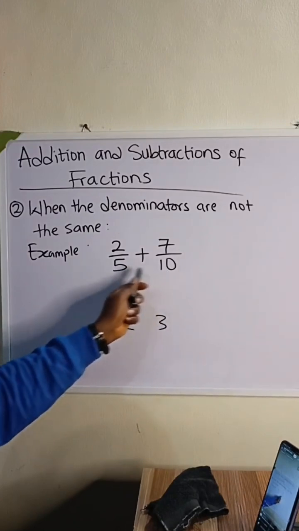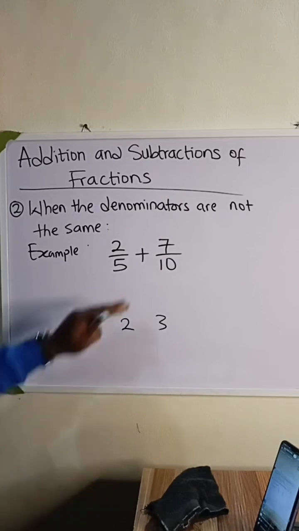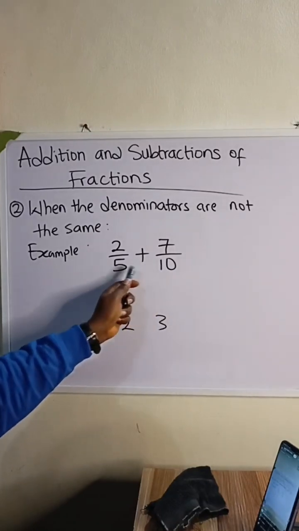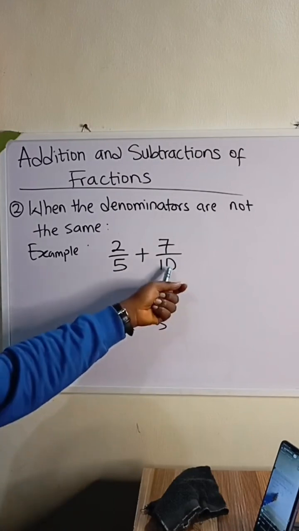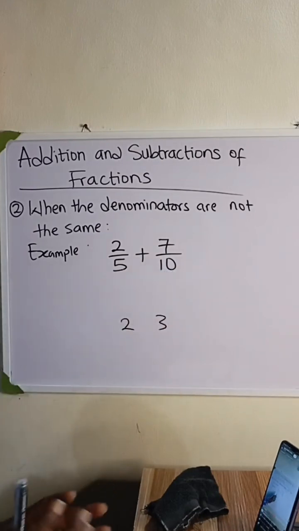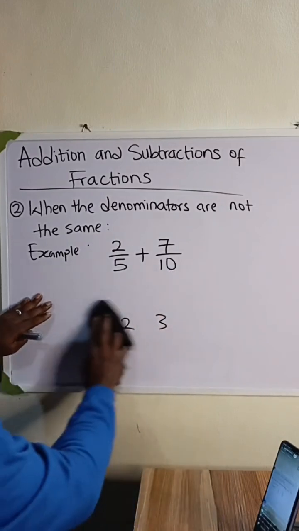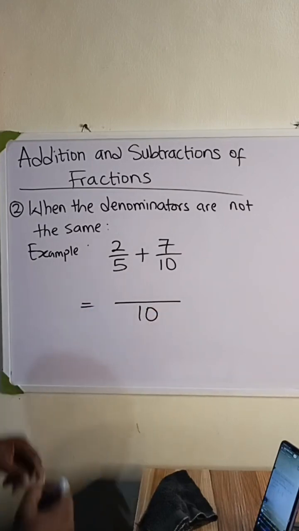So if you have two denominators where one of the two denominators is a multiple of the other denominator, instead of finding the LCM, what I mean is that 5 is going to multiply something to give you this one. So once there is a relationship like that, all you need to do is pick this one as a common denominator. So 10 is our common denominator.